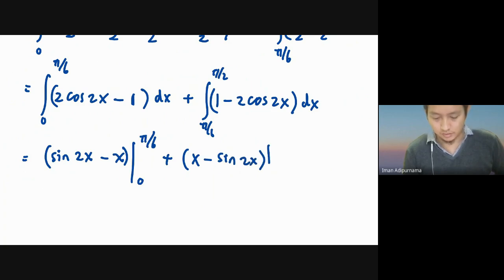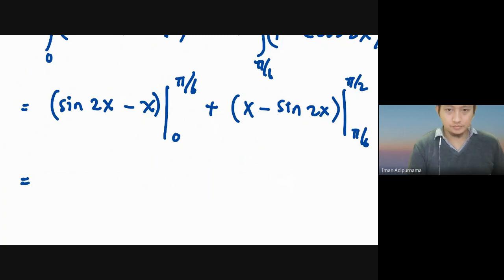Okay, this is from pi over 6 to pi over 2. This will be pi over 3, right?